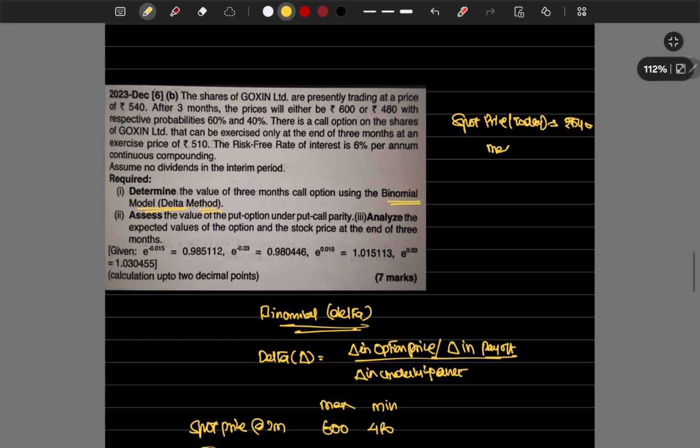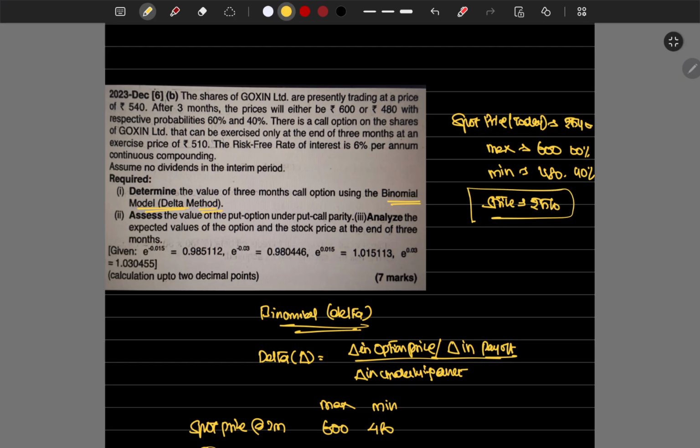Max price 600, minimum price 480. Probabilities they have given, to find out expected values, and then call option on the shares that can be exercised only at the end of 3 months.